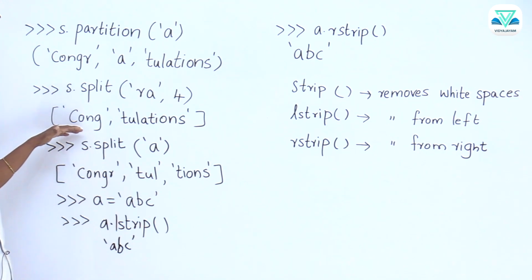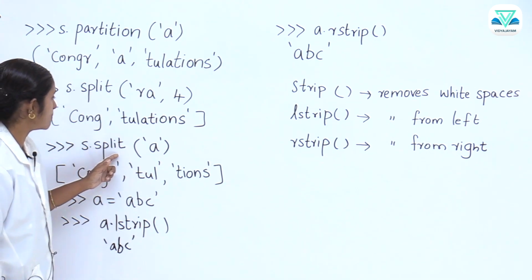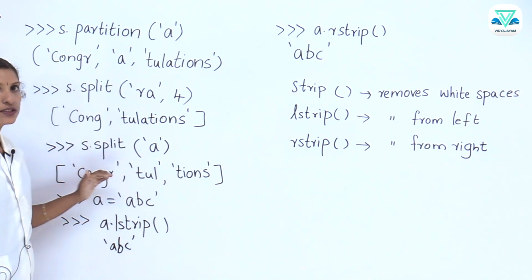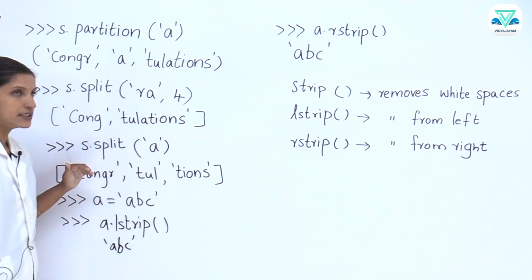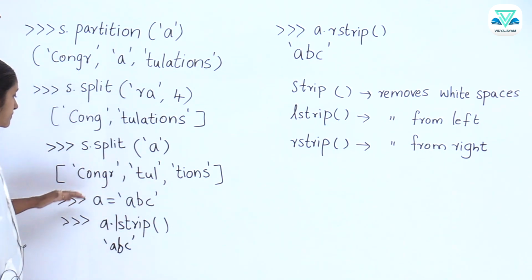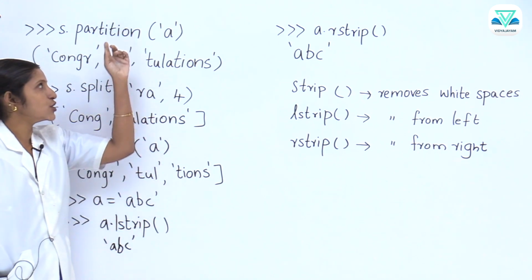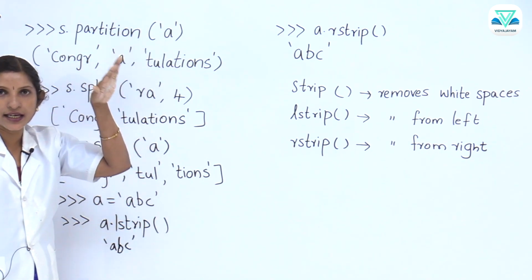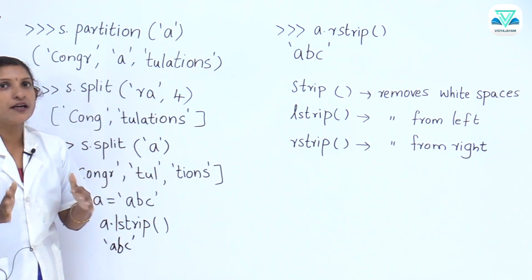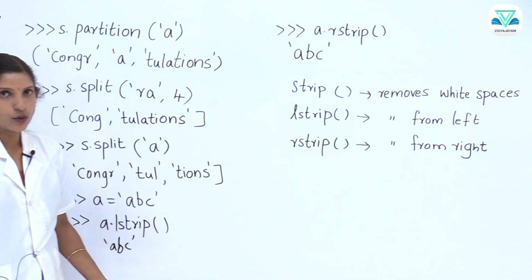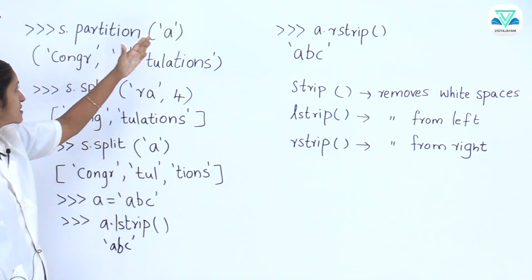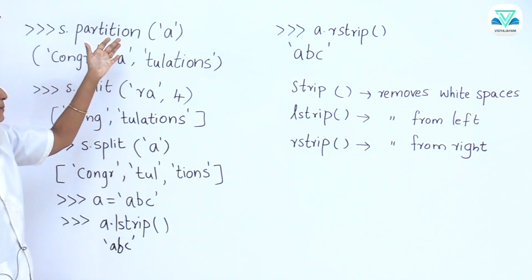If it is s.split('A'), then wherever A comes, that word will be automatically divided and A will not be present in the output. So let me explain once more. s.partition('A') means wherever A comes first, when a word is given, A may be coming repeatedly in different portions, but we will take only the first time where A is coming, and we are splitting that with the help of the function called partition.